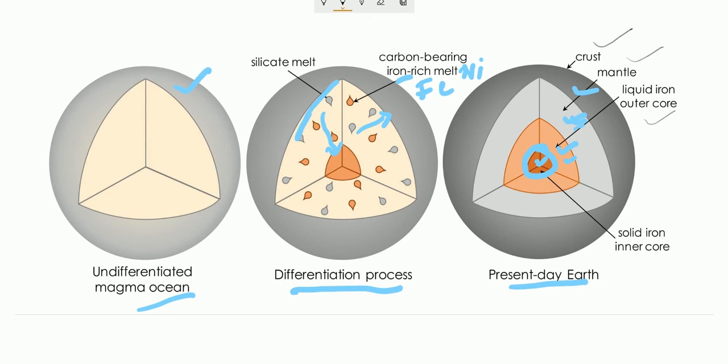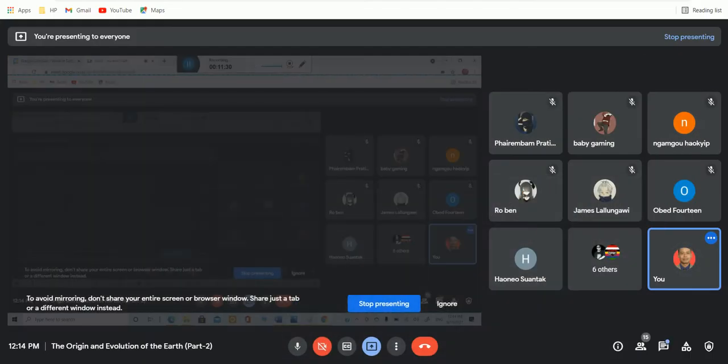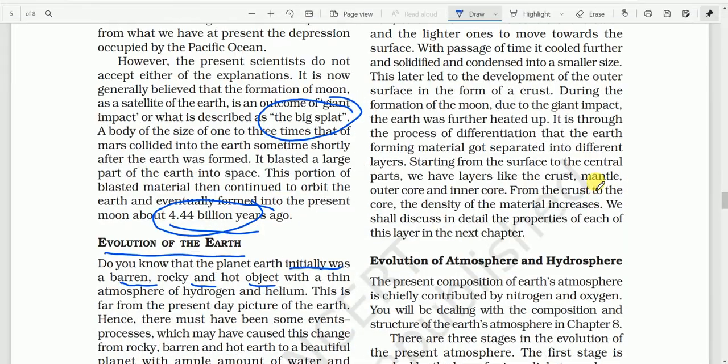This is how the 3 major layers of the Earth originated, and the process of layer formation is known as differentiation.